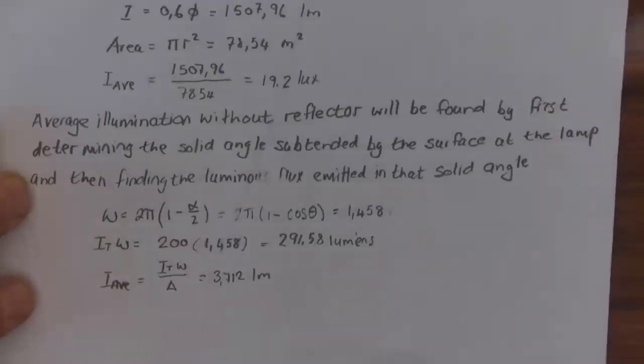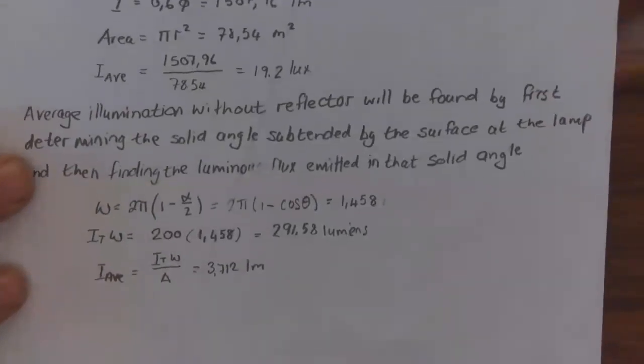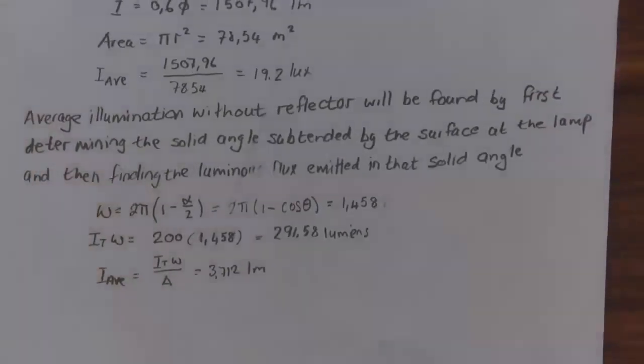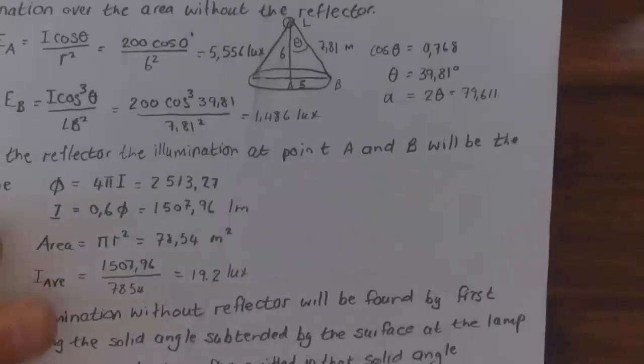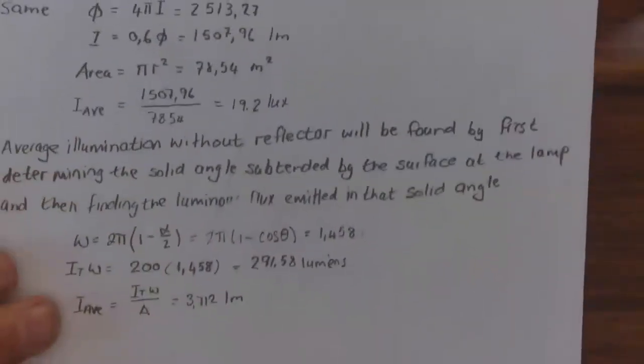The average illumination without the reflector will be found first by determining the solid angle subtended by the surface at the lamp, and then finding the luminous flux emitted in that solid angle. So omega is 2 pi 1 minus cos alpha over 2, 2 pi 1 minus cos theta, and that gives us 1.458. Remember, that's what we calculated there. Theta is 39.81.